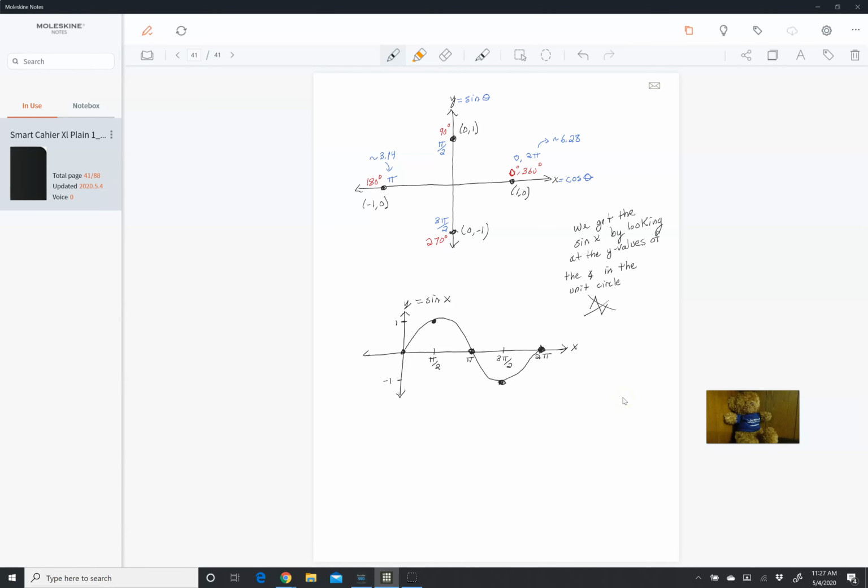We're going to get the cosine the same way, except we're going to look at the x values.